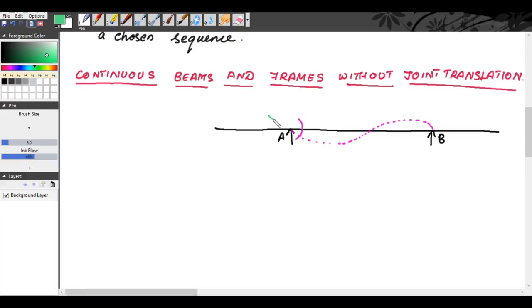Draw a tangent at A; this slope is theta A. Now draw a tangent at B; this slope is theta B. Now the moments will be like this.